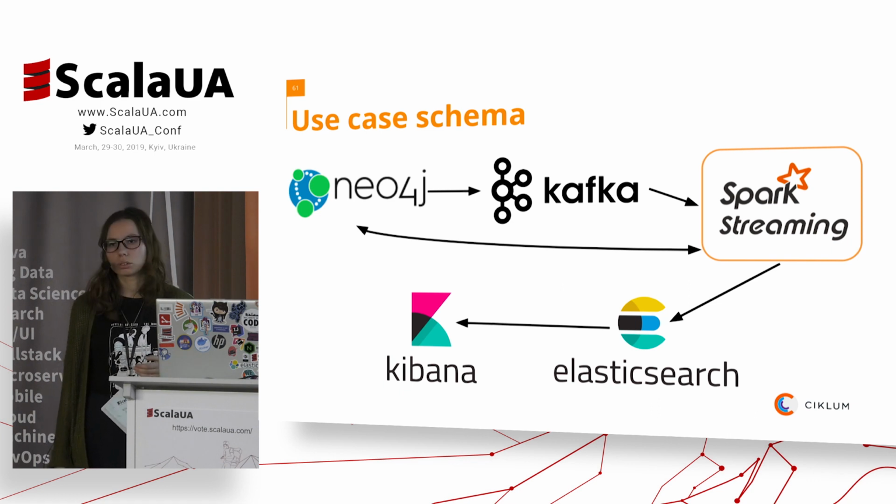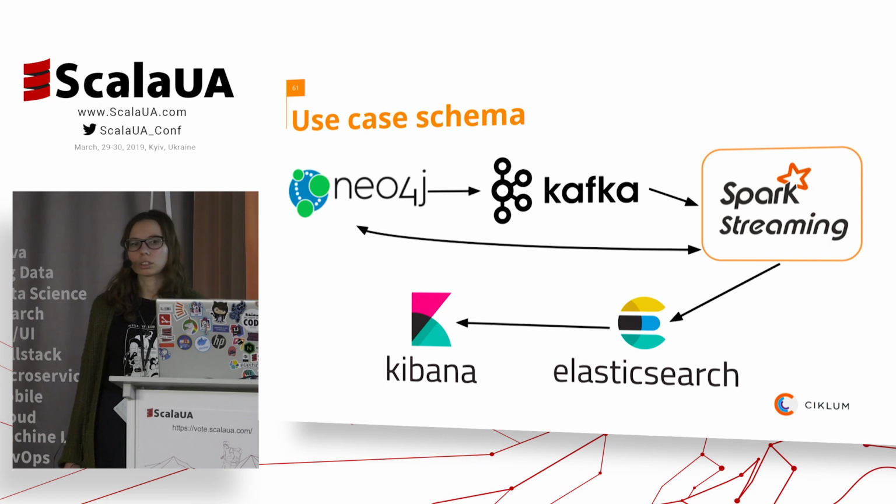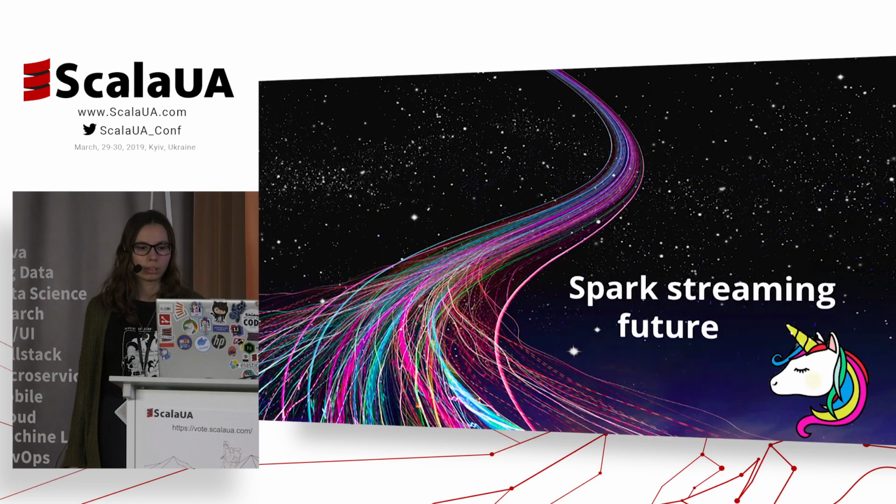So Kafka is also said to have exactly once guarantee, but only after the 0.11 release, so it was quite recent. And writing a message to Elasticsearch is also considered to have exactly once guarantee.